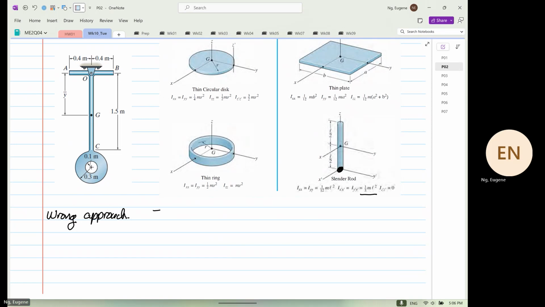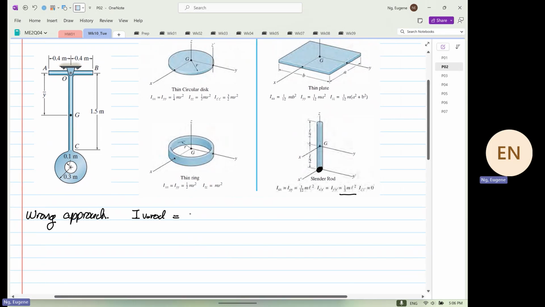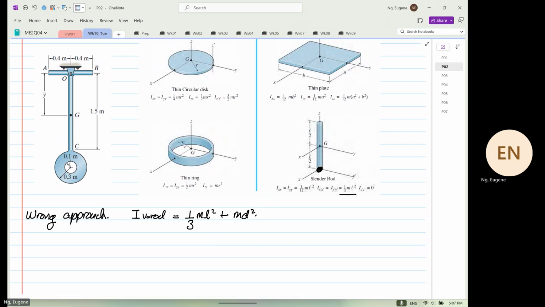Is that for the vertical rod, you use this formula. So you use 1/3 ml squared plus m d squared. So i.e., we are taking the point over here to consider, and we're going to shift down by what? 0.888.